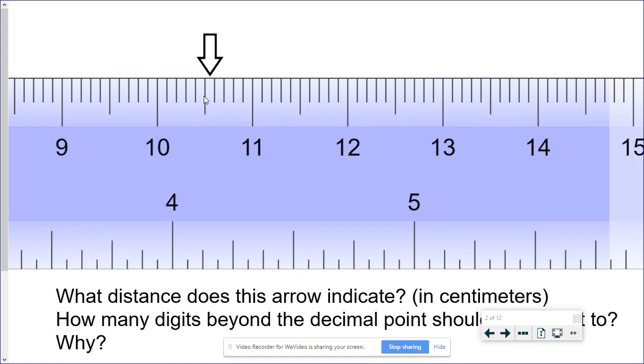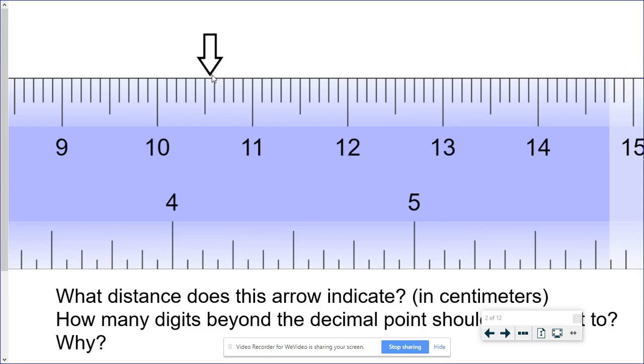And then for our next digit, we can estimate where we fall in this section here. It's somewhere between 10.5 and 10.6. So we estimate that last digit. So the information that we would give for this would be 10.56, for example. If you wrote down 10.55, that would be fine too, because you're estimating that last digit.